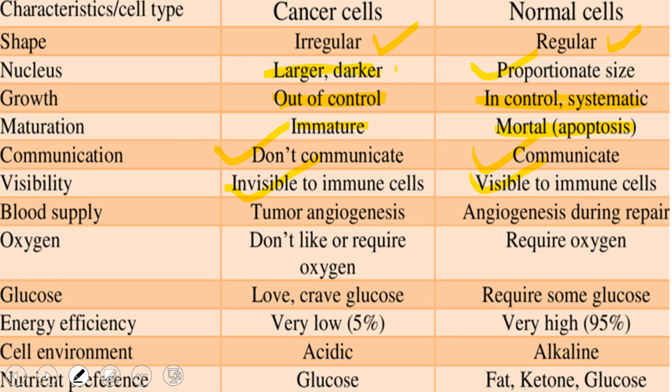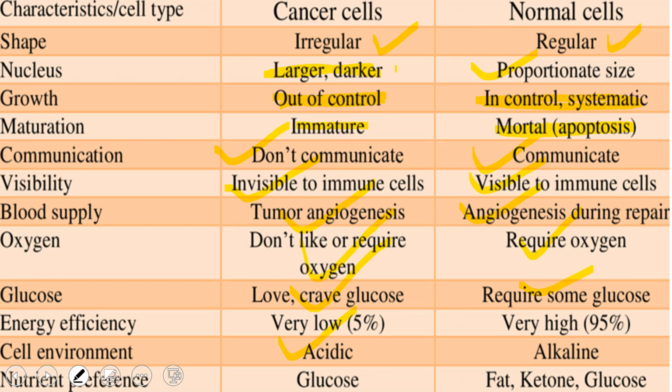More angiogenesis in cancer cells, whereas normal cells have angiogenesis only when required. Cancer cells require more oxygen, whereas normal cells require oxygen in a normal manner. Cancer cells require more glucose, normal cells require some amount of glucose according to their requirement.